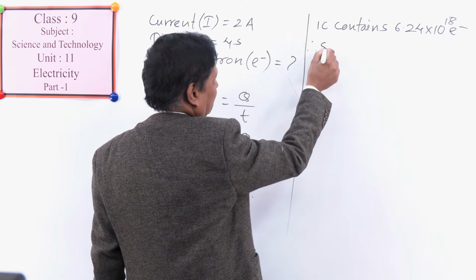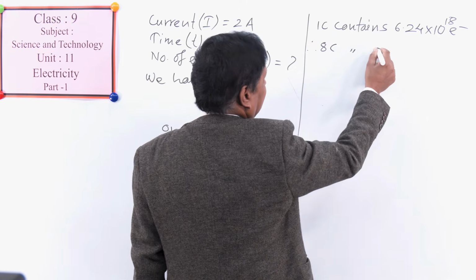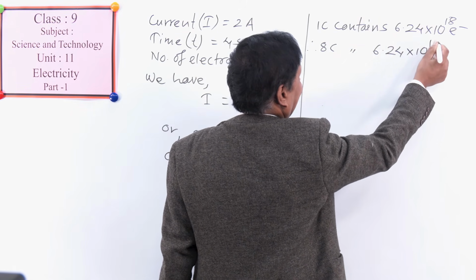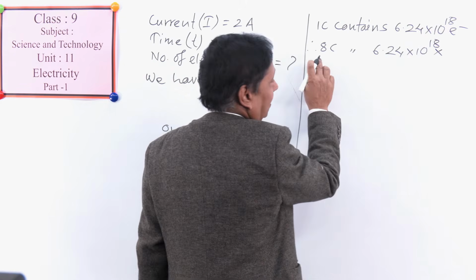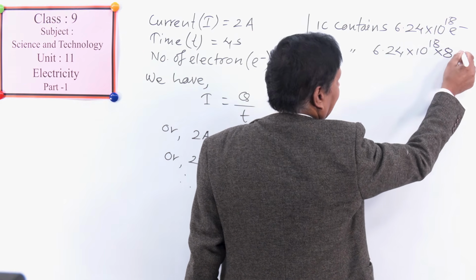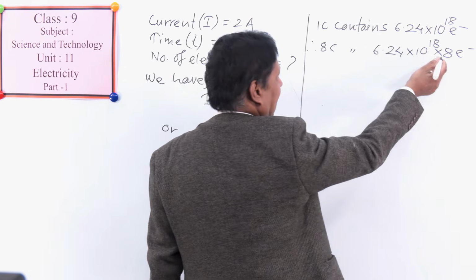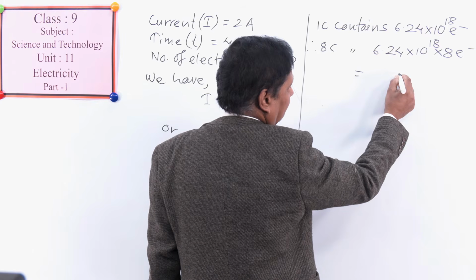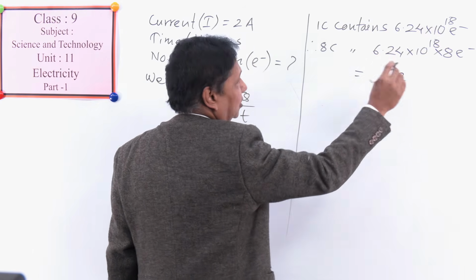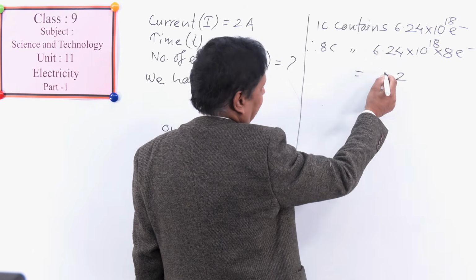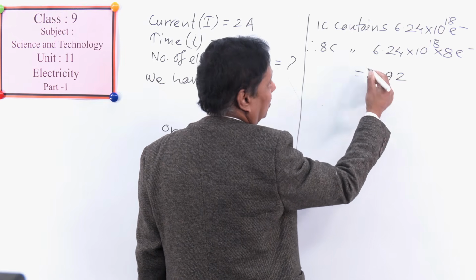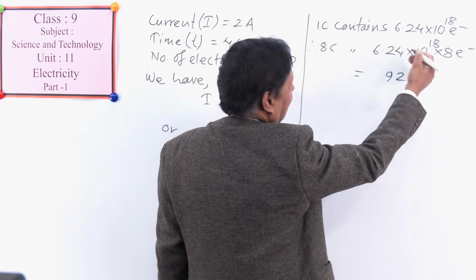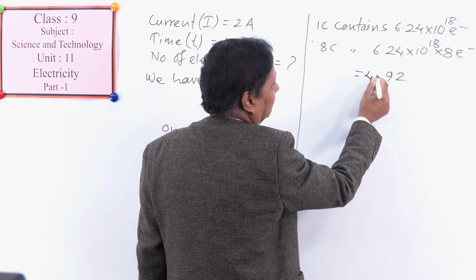Then 8 coulomb charge contains 6.24 into 10 to the power 18 into 8 electrons. If we multiply this: 8 multiplied by 4 is 32, 2 is there, 3 is carried over. 8 times 2 is 16, plus 3 is 19, 9 and carry over 1. 8 times 6 is 48, plus 1 is 49.